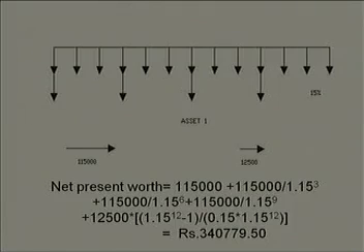So, for asset 1 we have reduced it to 12 years, for asset 2 also we have reduced it to 12 years. Here again you can find the value of net present worth either by using the formulas or by using interest factor tables.